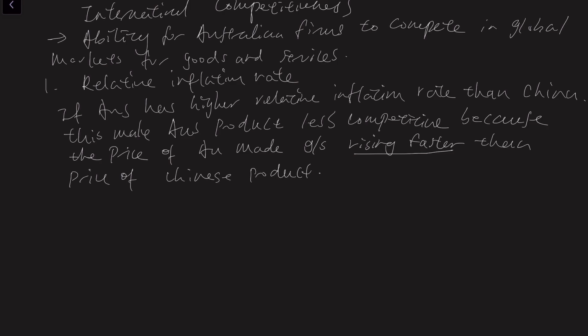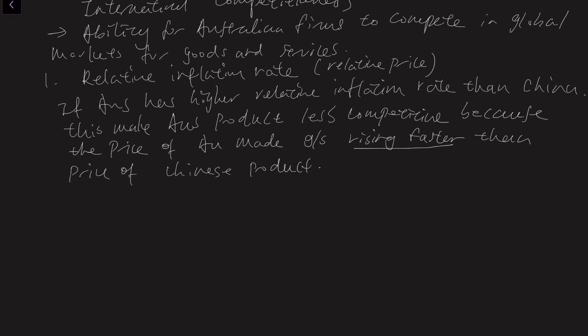And this decreases net goods and net services, decreases debit, increases credits, which also increases the current account deficit. Or if you have a current account surplus, it decreases the current account surplus. So this is basically the relative price. But when we talk about international trade, we use the term relative inflation rate, because for macroeconomics, we don't talk about price, we talk about inflation rate, which is just another measure of price.